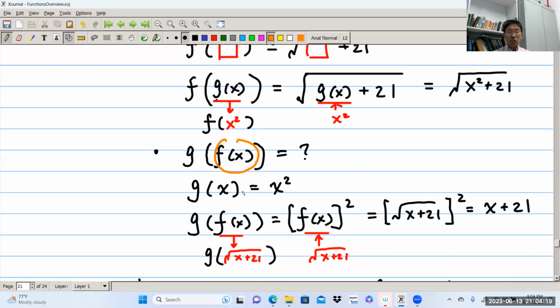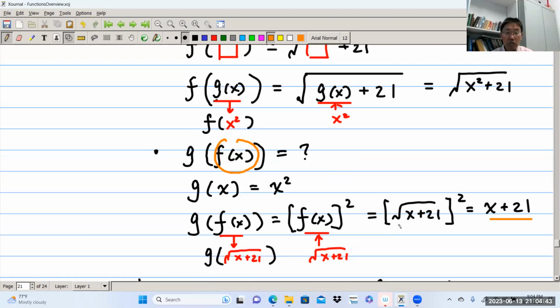So G of X is X squared. What is G of F of X? You treat F of X as a whole, as a number. G on X is X squared, so G on this F of X would be F of X squared. Now, F of X is the square root of X plus 21, so it's the square of the square root of X plus 21. You get this form here.